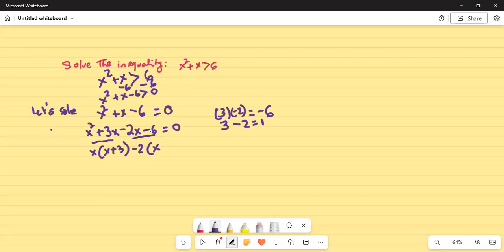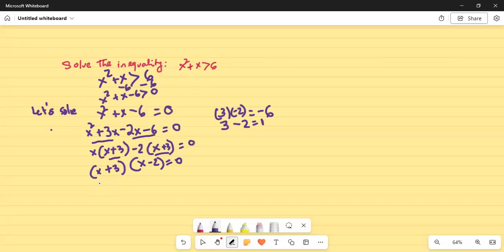And when I take out minus 2 as a factor from minus 6, I'm left with x plus 3. Notice that in both cases, x plus 3 is a common factor. So if I take out x plus 3 as the common factor from the two terms, I'll be left with x minus 2 equal to 0.